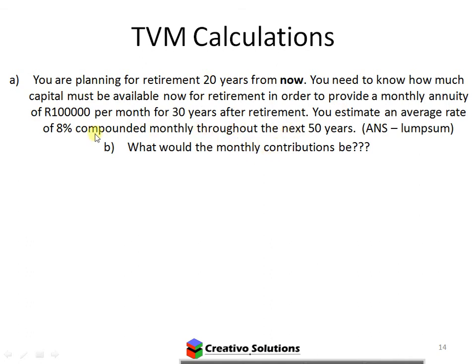So what lump sum am I going to require today to provide for it, and what is the monthly contribution going to be? Two questions here: how much capital must be available, in terms of the lump sum, and how much do we need to contribute monthly.